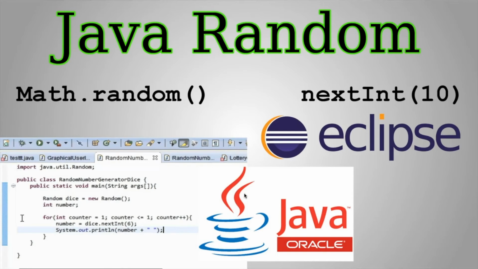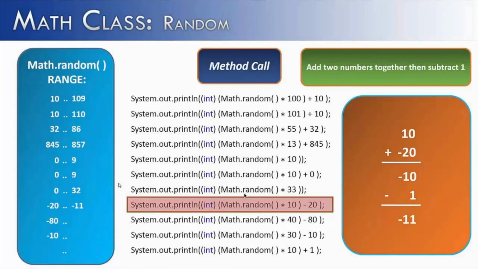Okay, so this is the way math.random would be used. If you wanted to calculate a range of numbers, say between 0 and 9, you'd say int, because you need to convert it into an int. Remember, math.random gives you a number between 0 and 0.9999999. So therefore, you would have to multiply it by a number to get it to whatever range you want, and then convert that into an int.